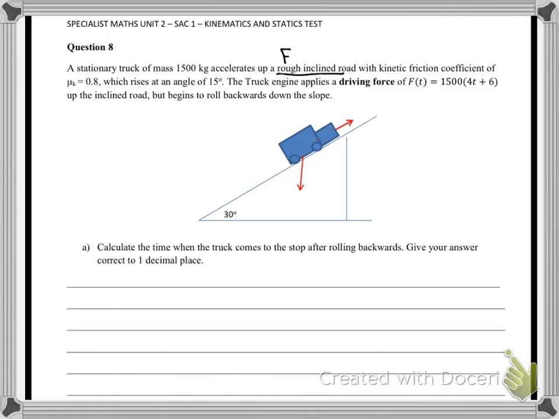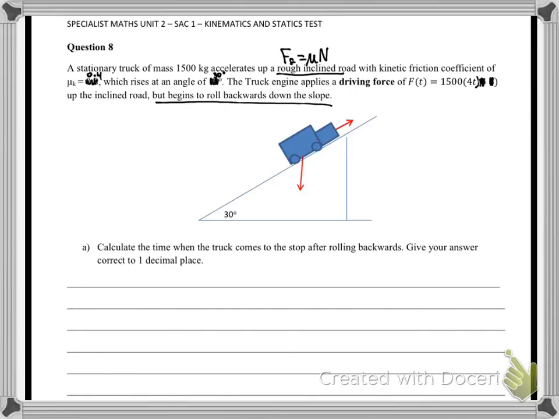So the next question is going to look at our inclined plane, and we have a truck that's on an inclined plane. A stationary truck of mass 1,500 kilograms accelerates up a rough inclined plane with a kinetic friction coefficient of 0.4. As you notice, I've changed the values a little bit.